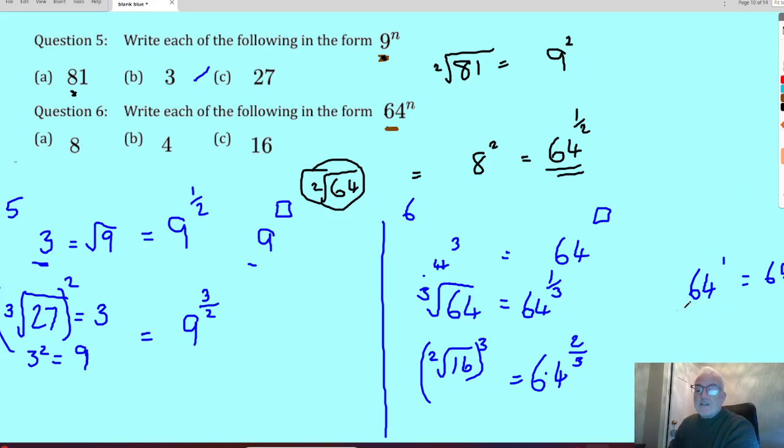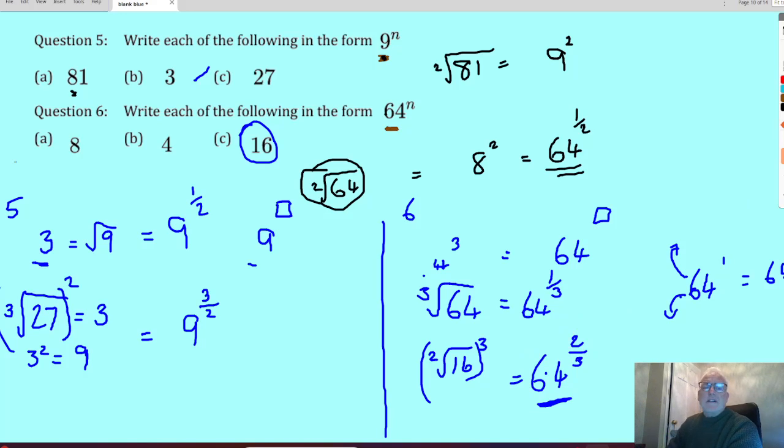If I raise it to less than 1, it's going to get smaller. If I raise it more than 1, it's going to get bigger. Okay, the number I want is 16, but I need to show it as 64 to the given power. Now remember, 64 cube rooted is 4, and then I'm going to square 4 to give me 16.